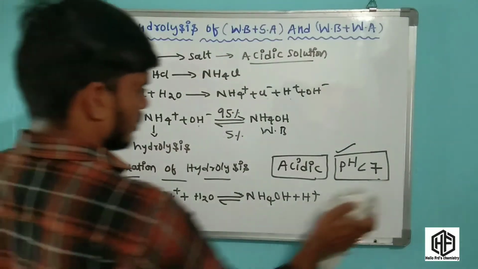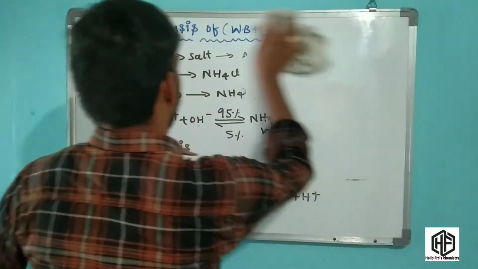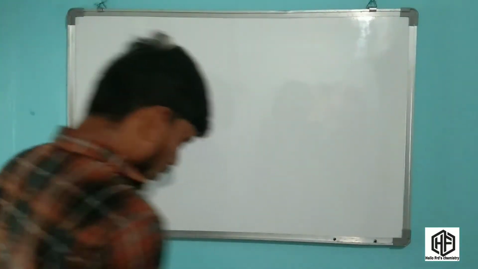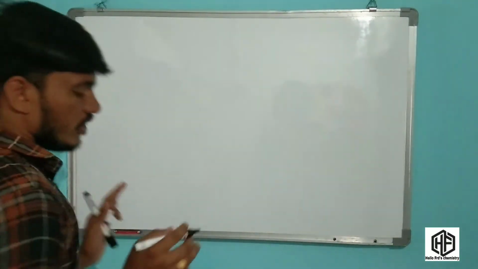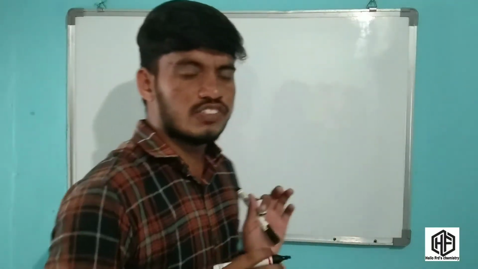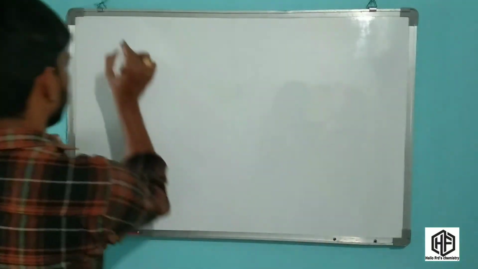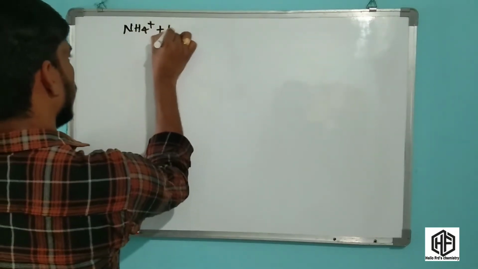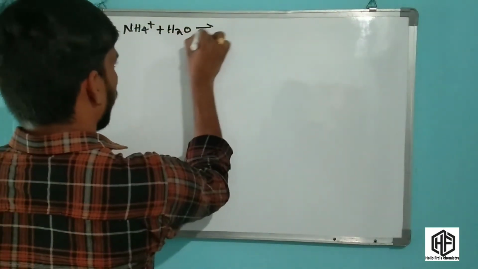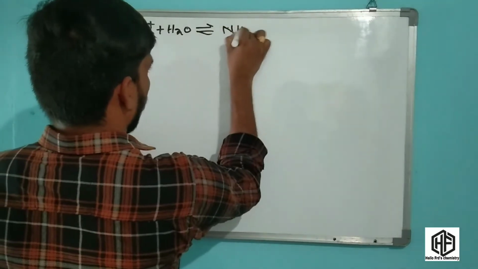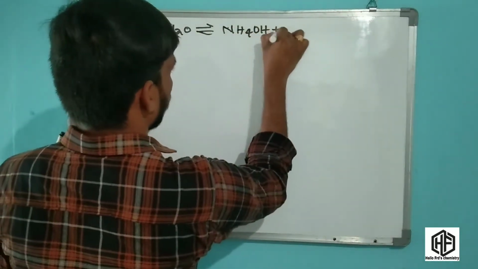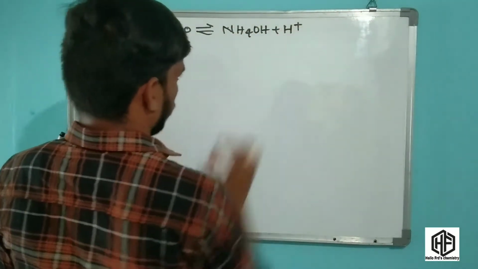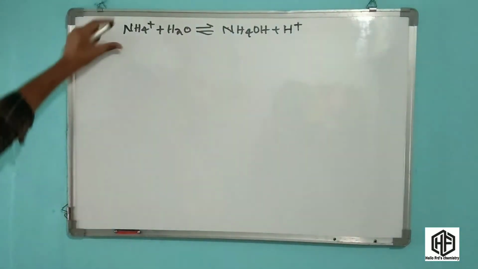The equation of hydrolysis of this weak base and strong acid is NH4 plus plus H2O giving NH4OH plus H plus. This is the equation.